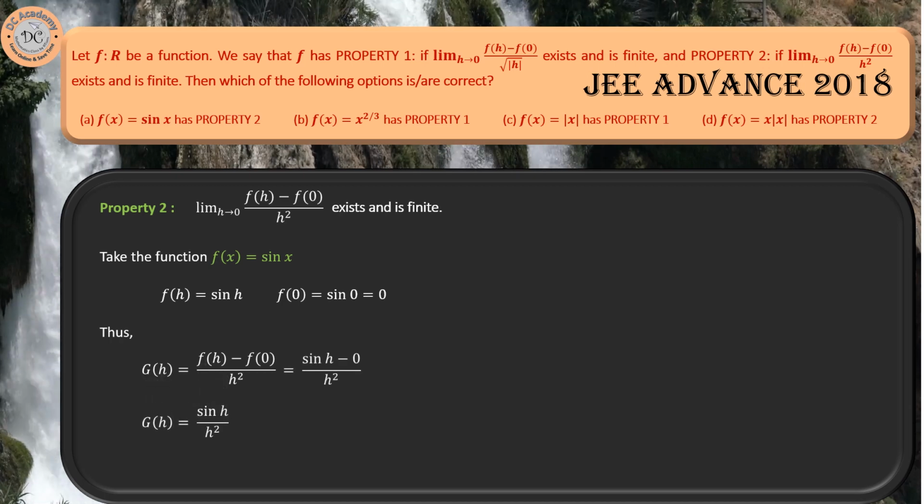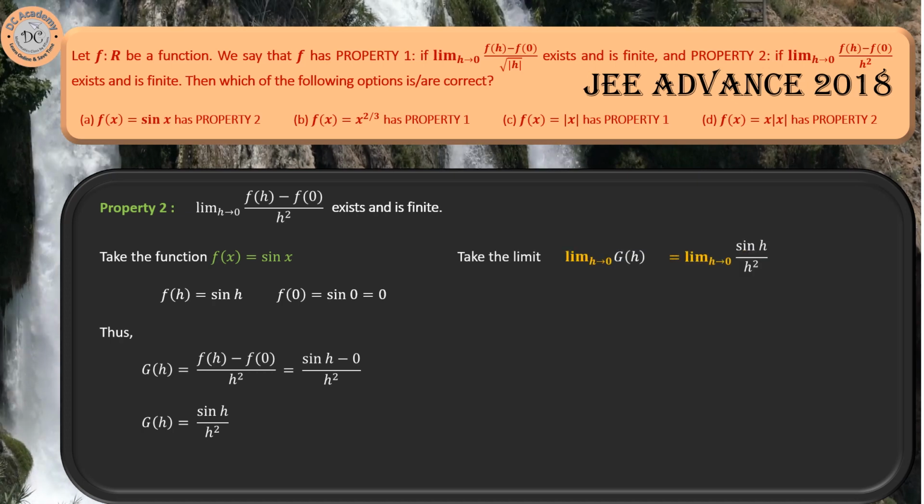Now if that particular limit as h tends to 0 exists, then we can say the property is satisfied. So we consider the limit as h tends to 0 of g(h), that is, the limit of sin h by h squared.